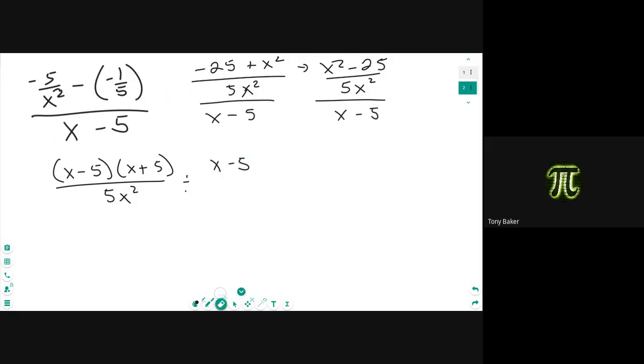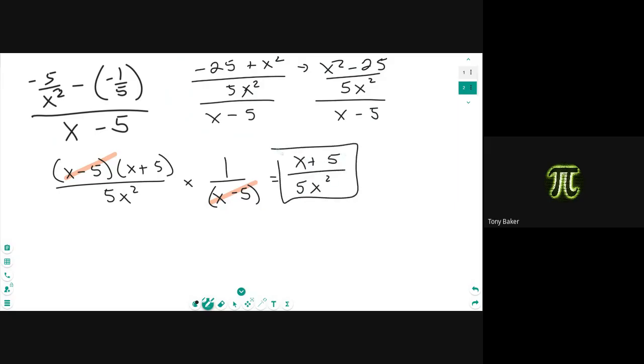So I can do my keep change flip. So it's times 1 over x minus 5. So that and that will be gone. I've simplified.